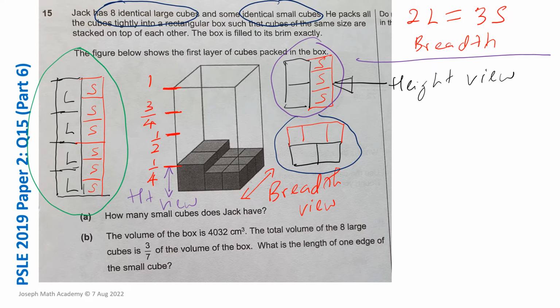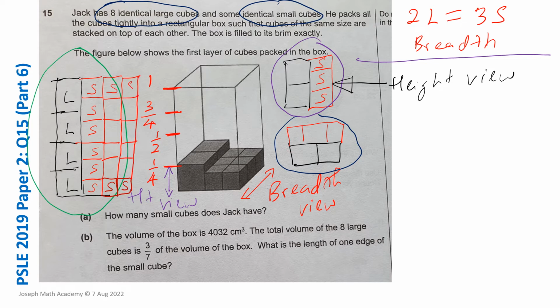The breadth view tells us that there are 3 small ones along the breadth. Let me draw in a 2-dimension idea. So it'll be like this, small and small. So using our method, we know that there are 6 small ones standing, and there are another 6, and you have the next 6.